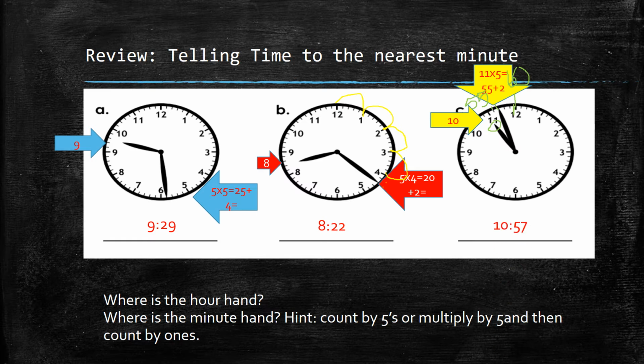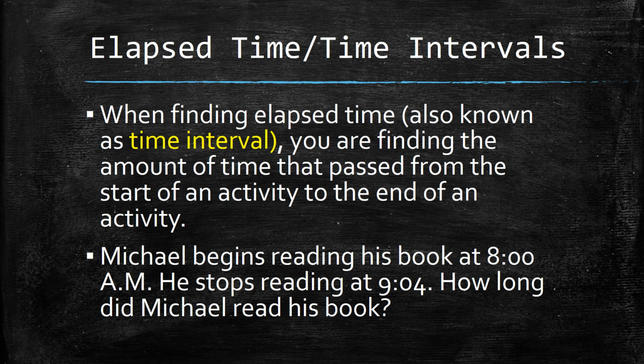Okay, going to our next slide. Elapsed time, which also can be called time intervals. When finding elapsed time, or a time interval, you are finding the amount of time that passes from the start of an activity to the end of an activity. So here's an example.